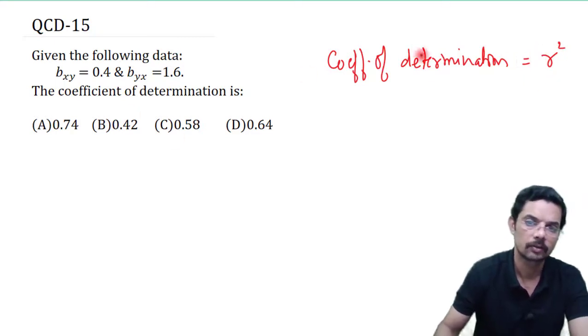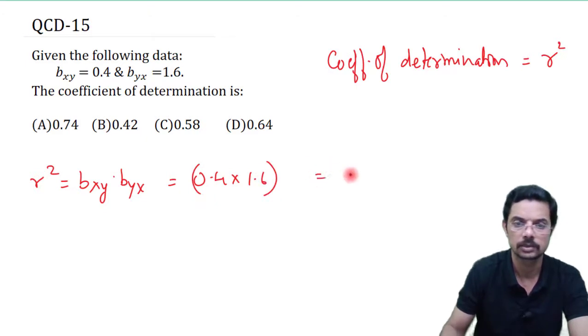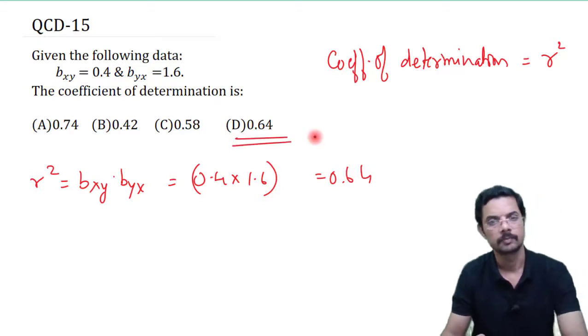So r square will be defined as bxy into byx, which is the product of these two values, 0.4 into 1.6, 16 fours are 64, it is 0.64. So your answer is 0.64, option D.